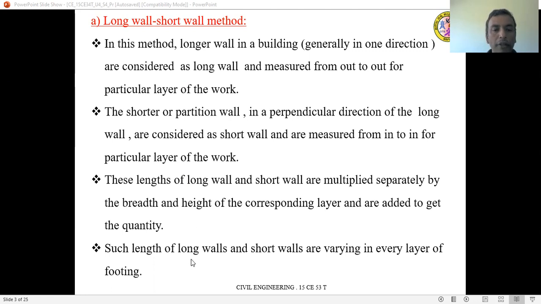Such lengths of long wall and short walls vary in every layer of footing because the width of each item of work like excavation, PCC, stone masonry, brickwork varies according to the drawing.